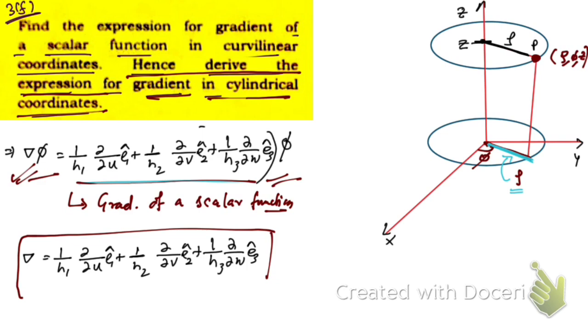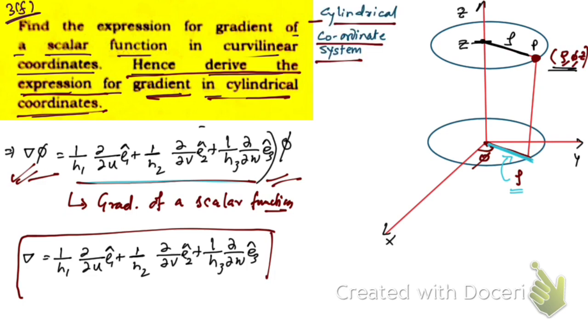Instead of xyz we can represent the coordinates of P in terms of rho, phi, and z, right?